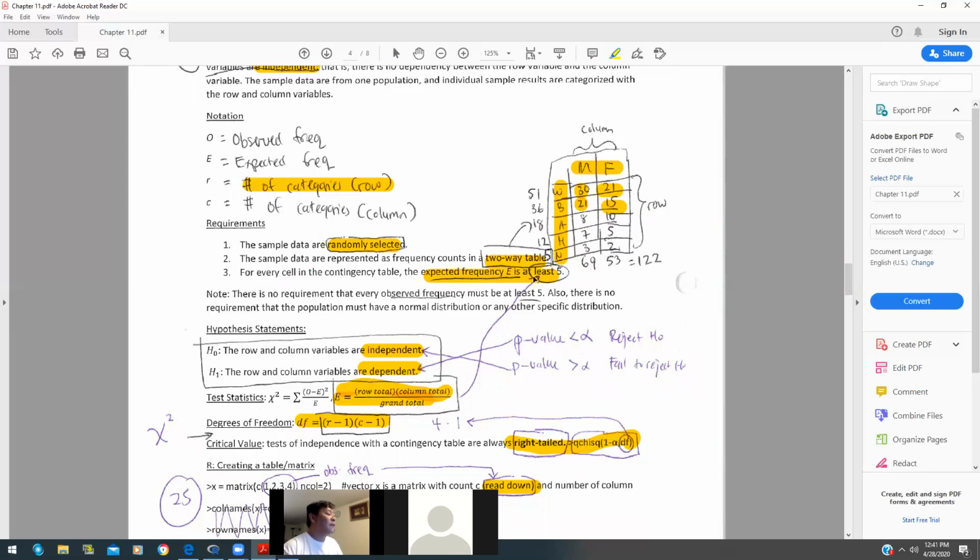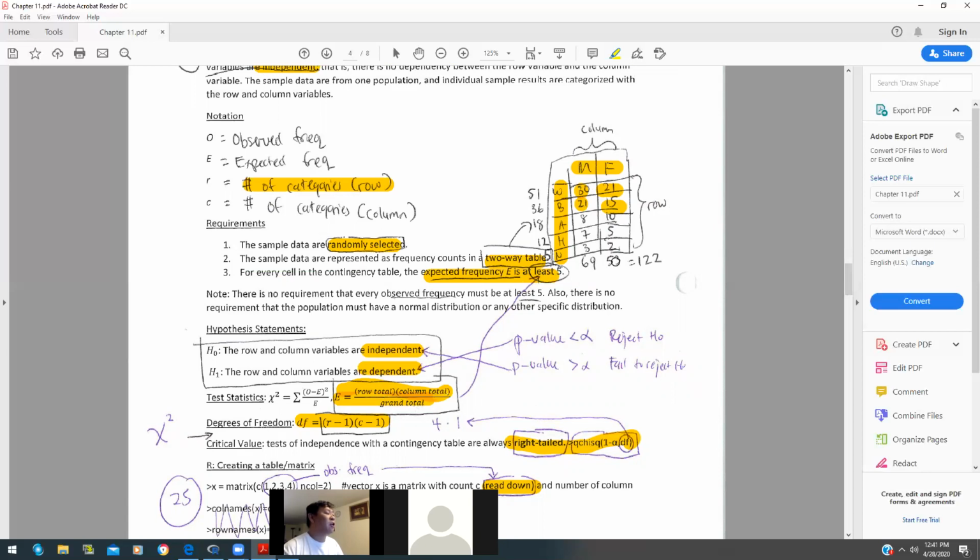So how do you find your expected frequency? You take the row total times the column total divided by the grand total. It's a bit more work here because you have to figure out your totals first. So you add all this, you get 69. You add all this, you get 53.